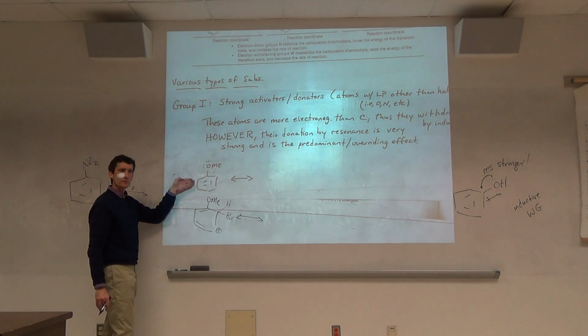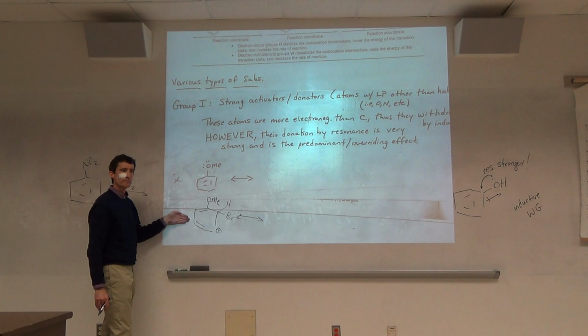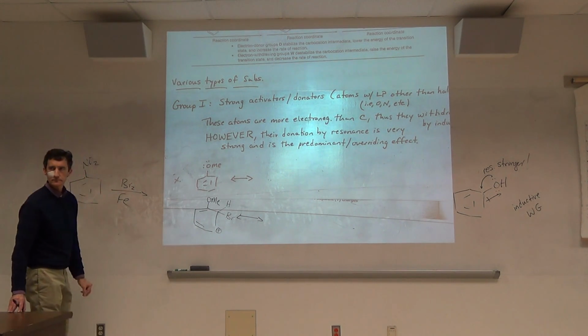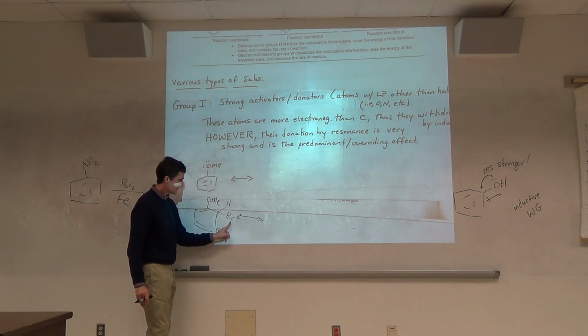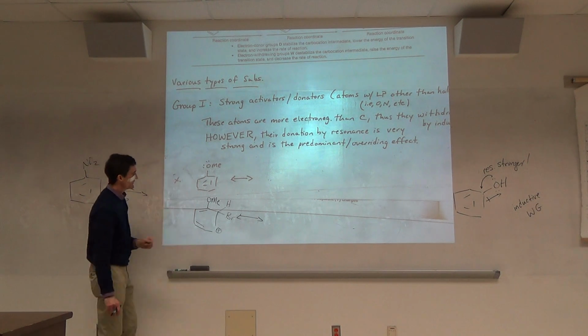What I'd like you to do is show resonance structures for both of these, and we'll look at them next time. This would be a sigma complex for a bromination. This is just the starting point here.